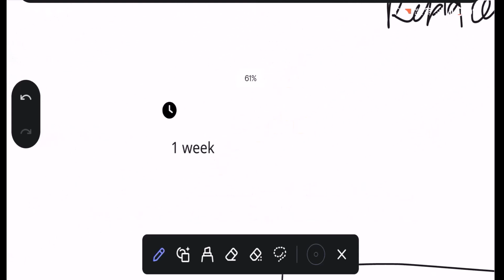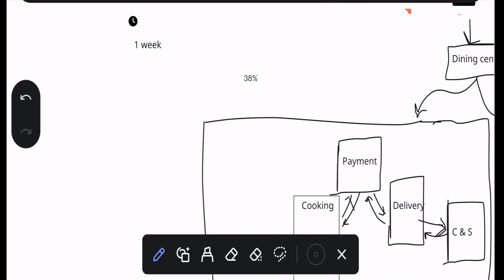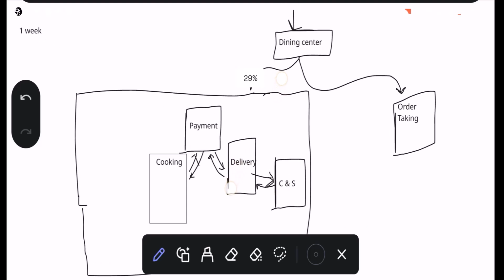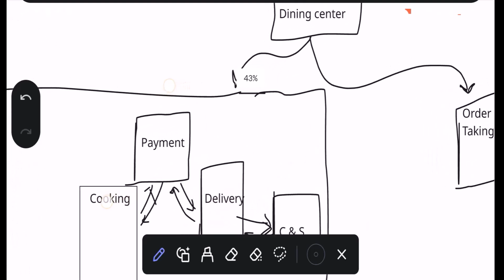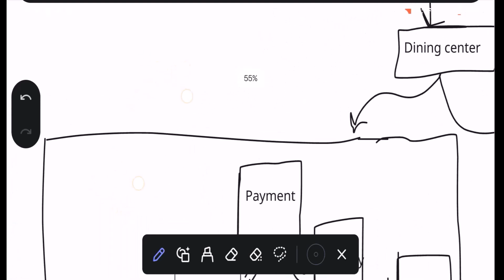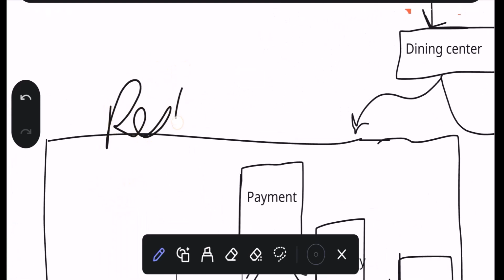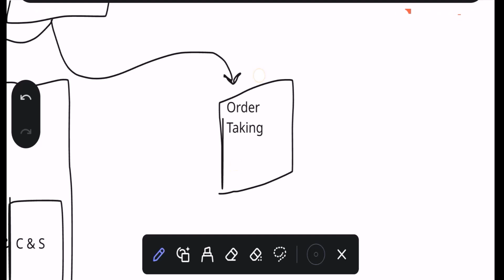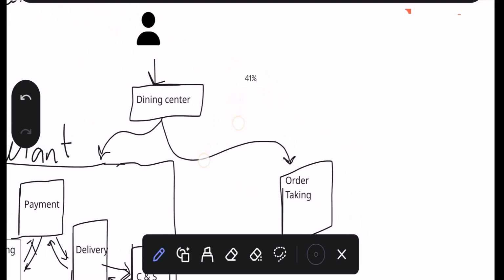So in week one, in the real world analogy, we will separate the order taking room that was previously present in our restaurant building into another building for dining.